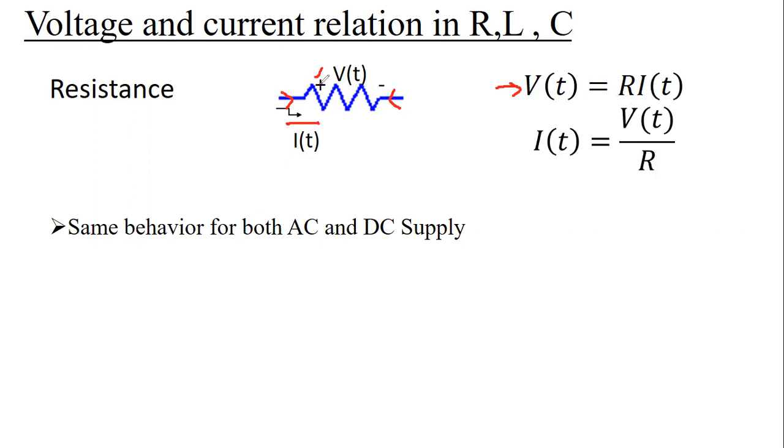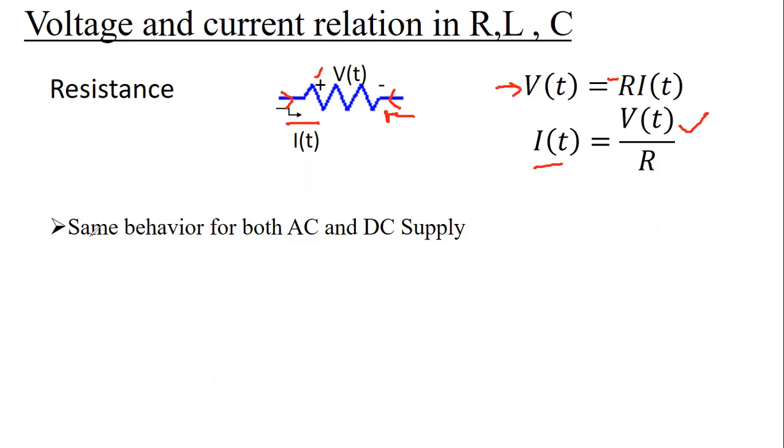So whenever you show the sign plus to minus, v(t) is represented as R i(t). If the current enters from the minus terminal, then v(t) becomes equal to minus of R i(t). So always remember this principle. If current is given, multiplied with the resistance, we get the voltage. And if voltage v(t) is given, then current i(t) is equal to v(t) upon R.